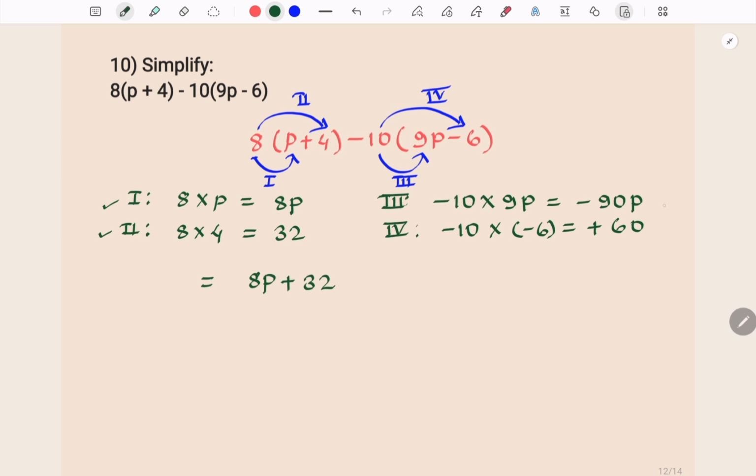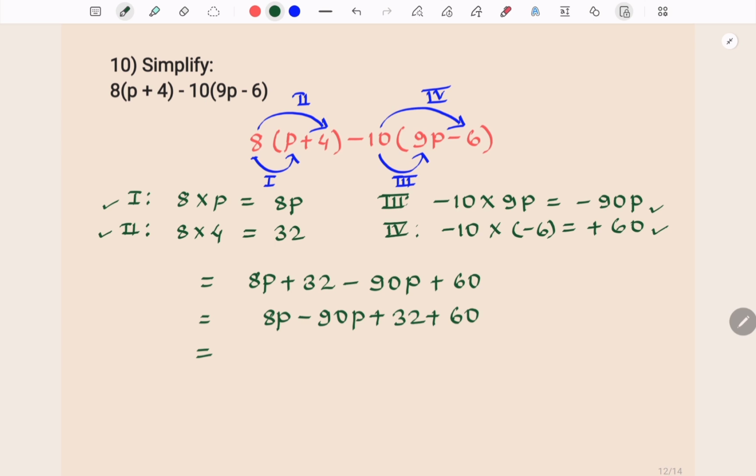From the third multiplication we have minus 90p, and from the fourth multiplication we have plus 60. We can group the like terms together. So 8p will go together with minus 90p, and this 32 will go with 60.